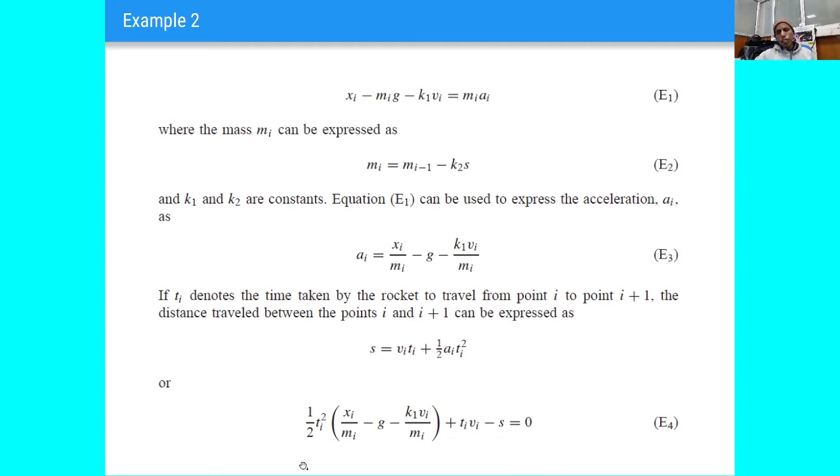If you try to see the nature of this equation number 4, what we are supposed to calculate is the value of ti, that is, the time taken from point i to i plus 1. What is the nature of this equation? We can see this equation is of quadratic nature, a quadratic function: ax square plus bx plus c equal to 0.